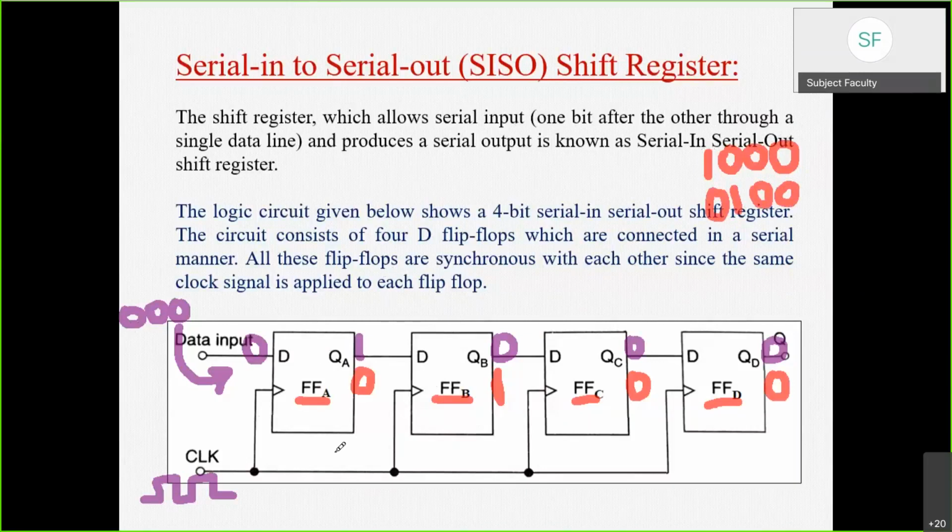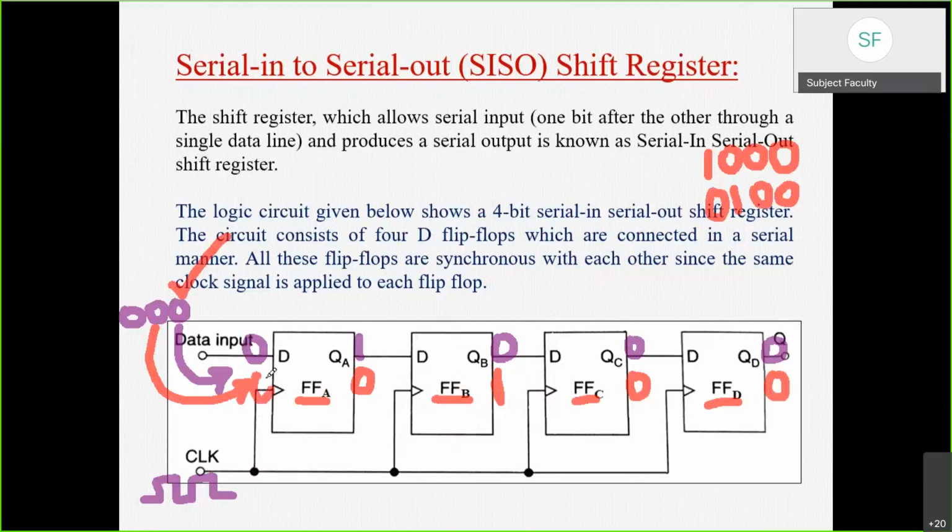So now again this 0 has been transmitted. Now 0 we will apply at the input. So this 0 will remain as it is, and now the outputs are, you have to observe these red outputs.